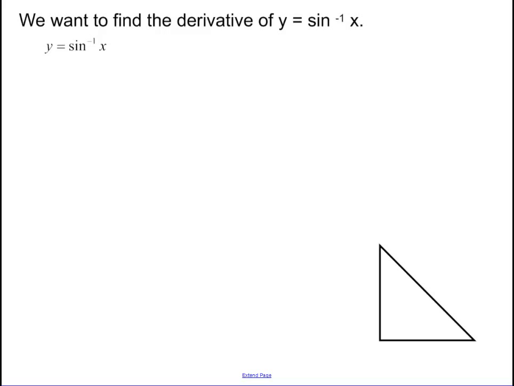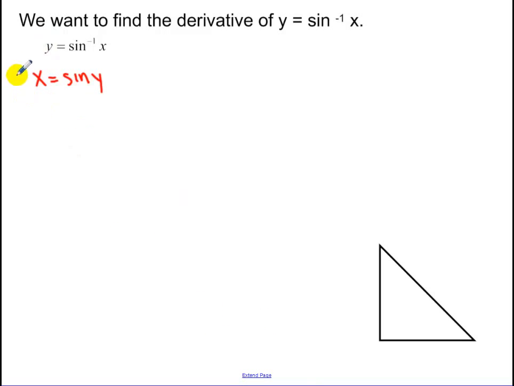Looking at this equation here, I don't know how to find the derivative of that, but I know through my inverse properties that x equals the sine of y. Because if I were to solve this right side for y, I would get our inverse function.